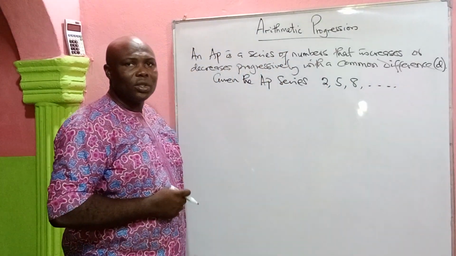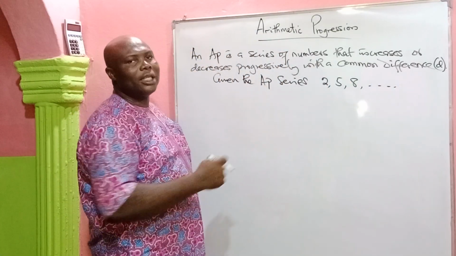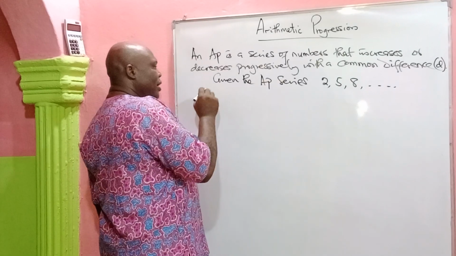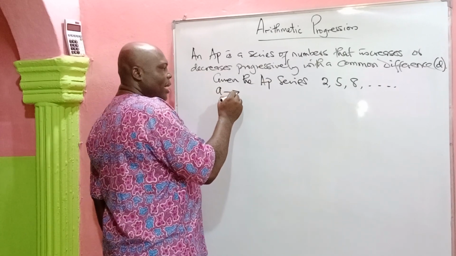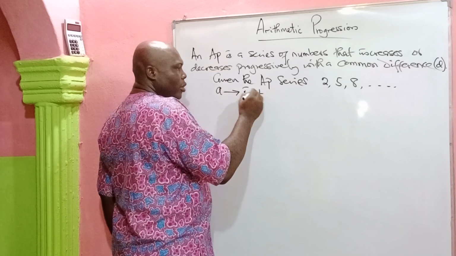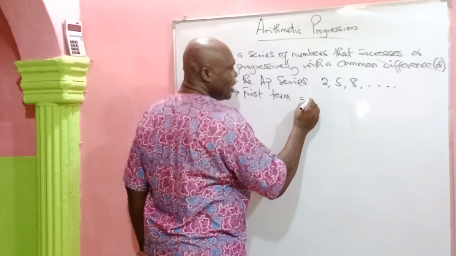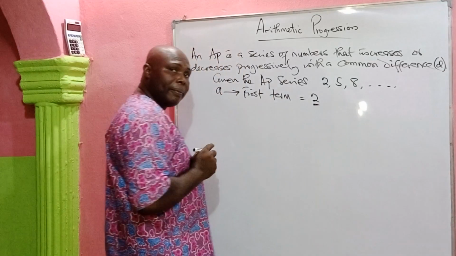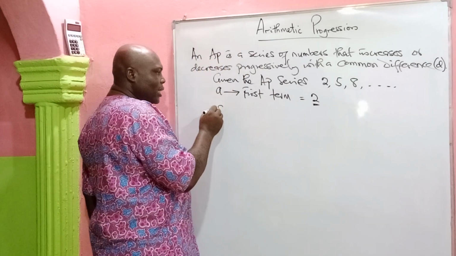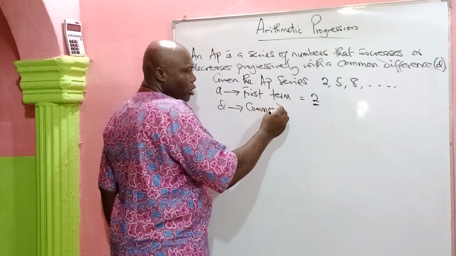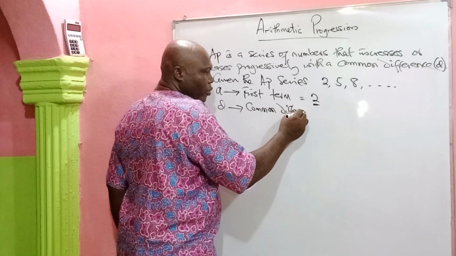This is a series of numbers that increases progressively with a common difference. So the first term here, A, is regarded as the first term. In this illustration, our first term is 2. And then we'll have what we call D. D is called the common difference.